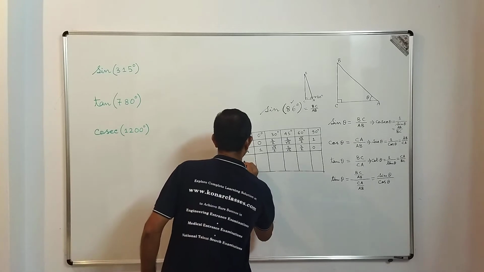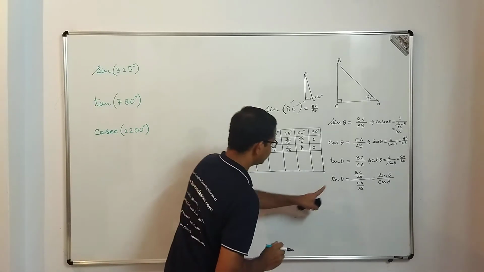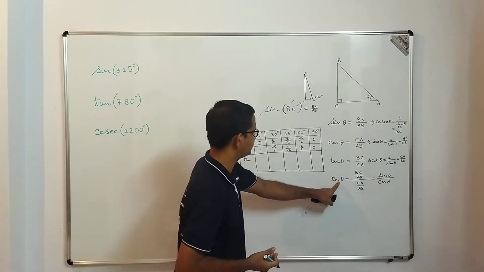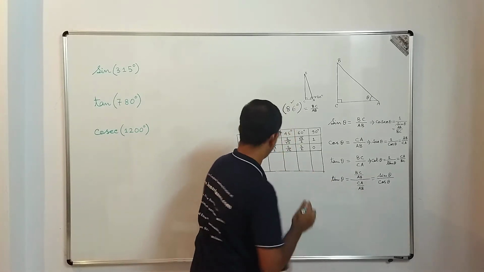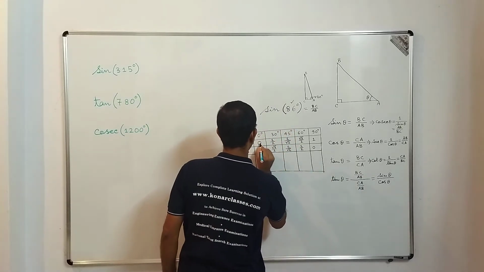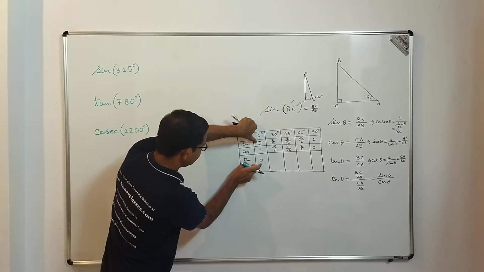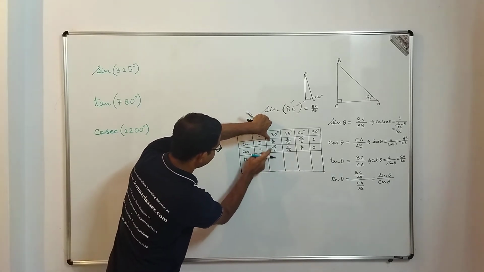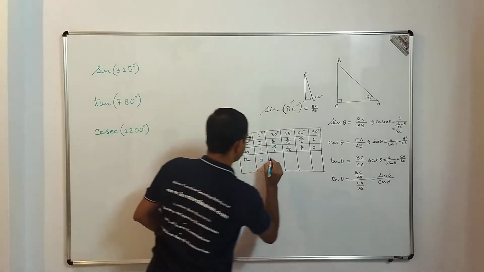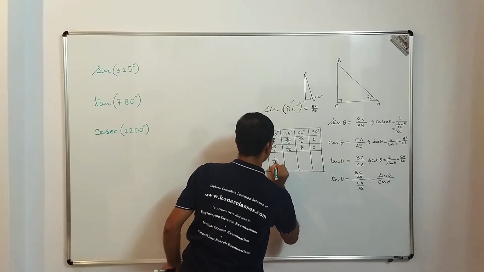Then what will be tan? You have learned earlier that tan is equal to sine by cos. So tan 0 is 0 by 1, that is 0. Tan 30 is equal to 1 by 2 divided by root 3 by 2, that means 1 by root 3.